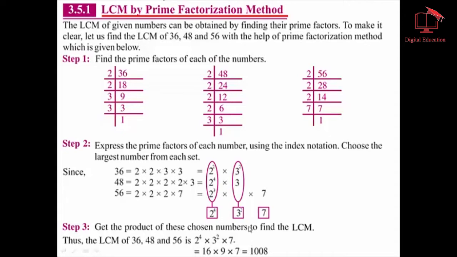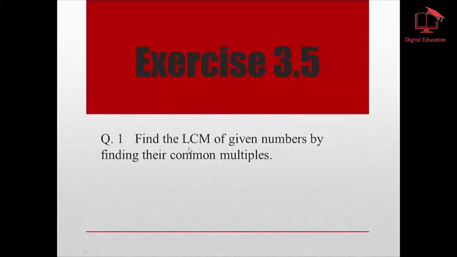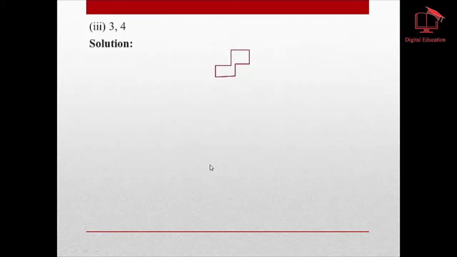Now students, we are starting our exercise 3.5. Question number 1. Find the least common multiple of the given numbers by finding their common multiples. Here in the third part, we have numbers 3 and 4. Now students, the multiples of 3 are 3, 6, 9 and 12.